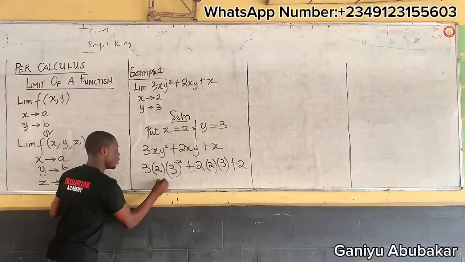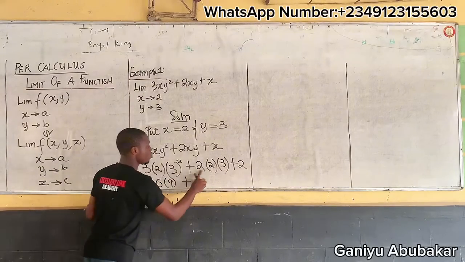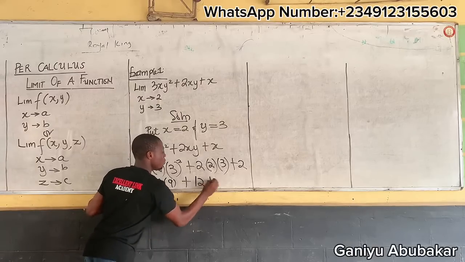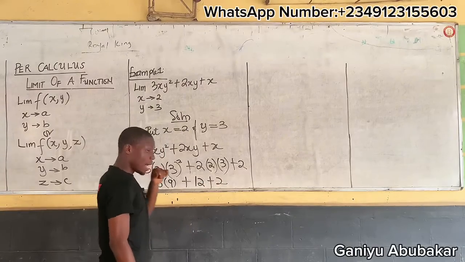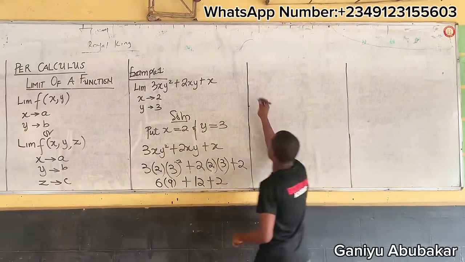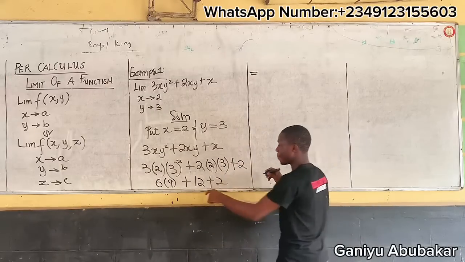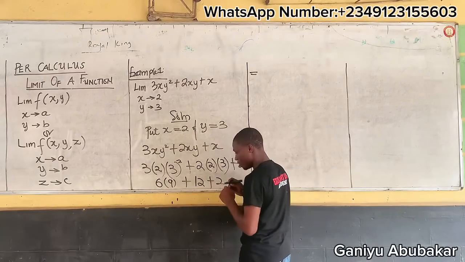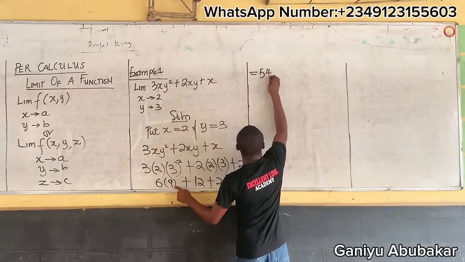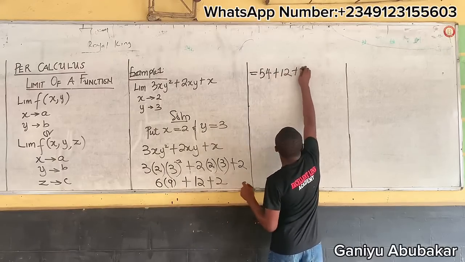From here, I'll evaluate. This is 6 into 9 plus 2 times 2, 4 times 3, that's 12, plus 2. What's 6 times 9? 54. So 54 plus 12 plus 2.